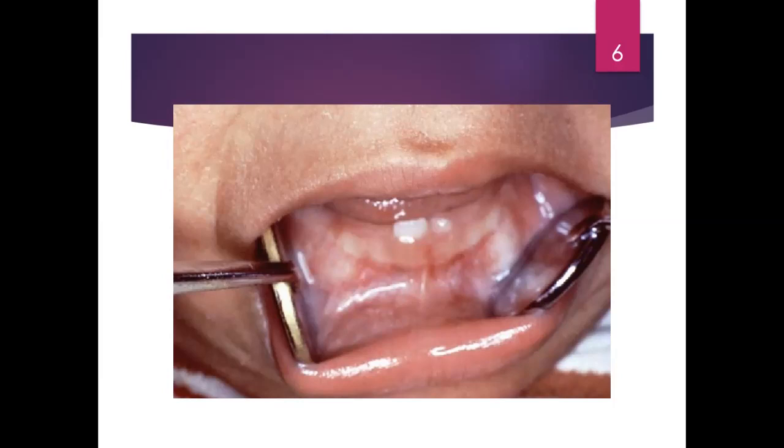If they are born with teeth, then these are considered to be natal teeth. If within the first 30 days of life you start to see the eruption, then those are considered neonatal teeth. So at birth, you already see the teeth, those are natal teeth. Up to 30 days within that time frame, they are called neonatal teeth.